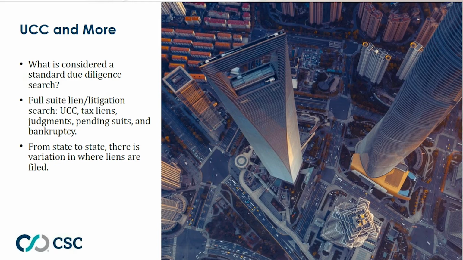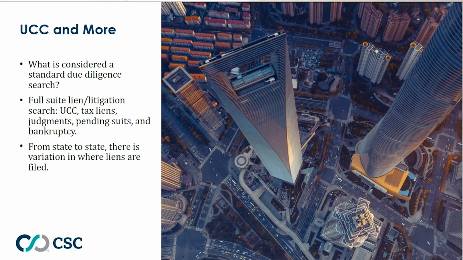But I can say just from my years of experience that customers generally order the following: number one, a UCC search for personal property UCCs with the state of formation. Number two, what I would say is a quote-unquote lien search, and this would include UCCs, tax liens, and judgment liens. And then number three, what I like to say is the full gamut or the full suite search.